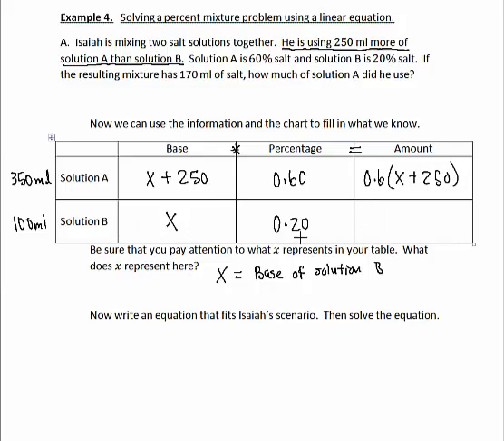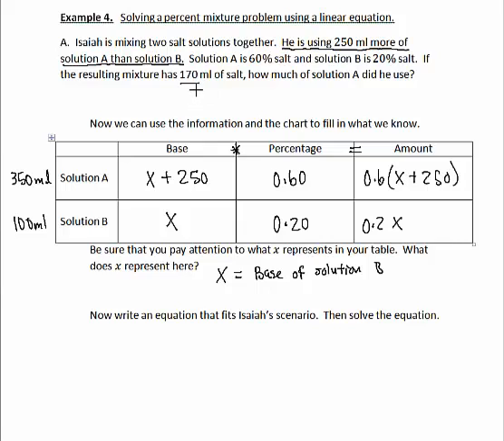And for solution B, we would write 0.2 times x for the amount of solution B. Notice that we didn't put 170 milliliters in either row. That's because it says we mix these two, solution A and solution B, together. Okay, and this is how much salt we have in the end.